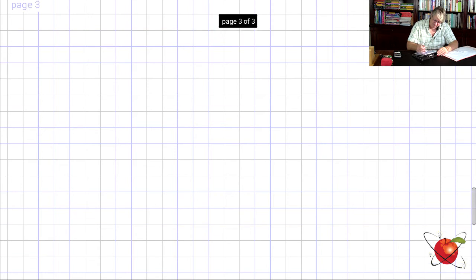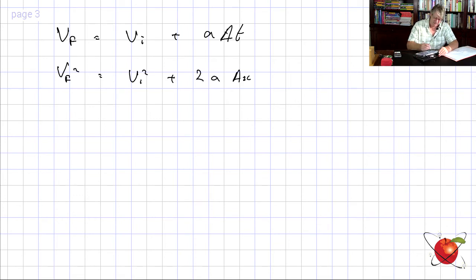Vf is equal to Vi plus A delta t. Vf squared equals Vi squared plus 2A delta x. Delta x equals Vi delta t plus a half A delta t squared.